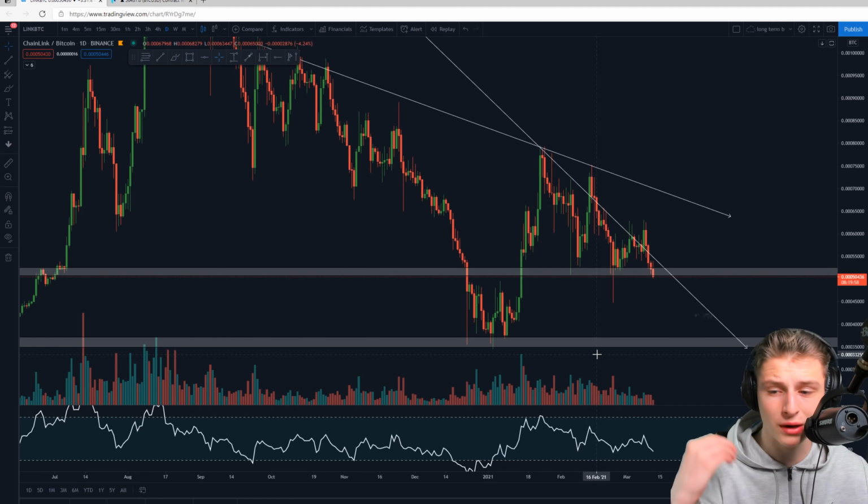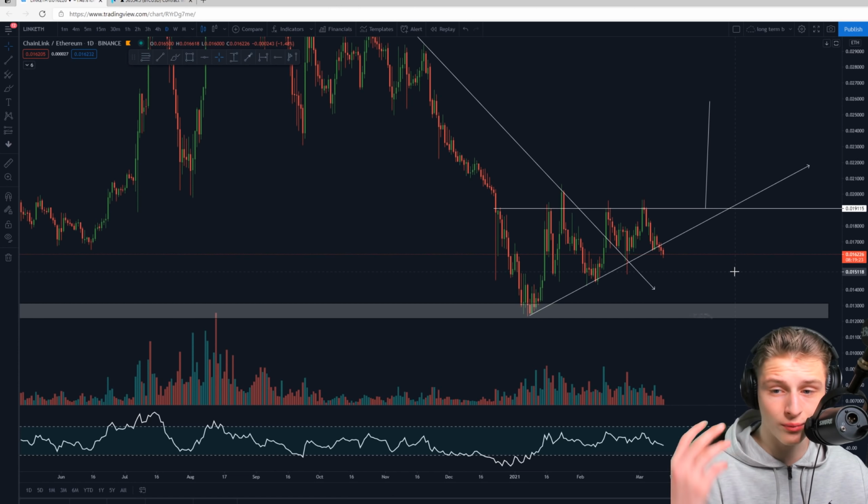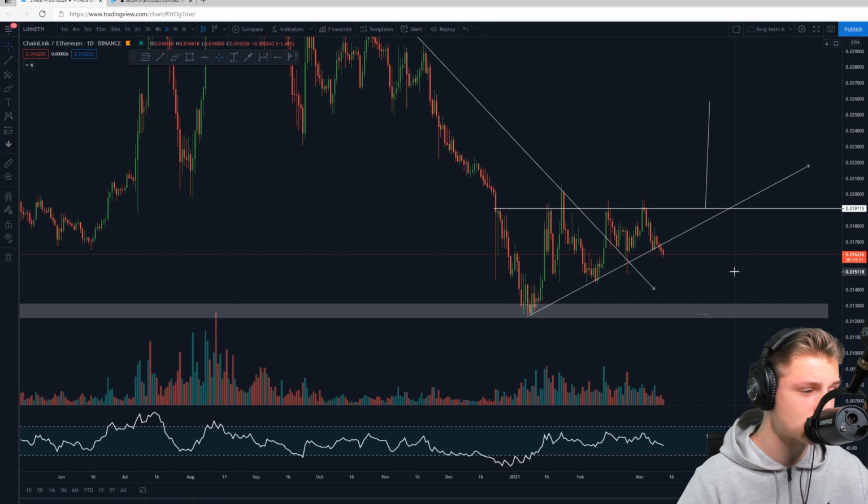And another chart that is also not looking strong here, because I want to be realistic here, and I feel very bullish on Chainlink, and I thought it was going to break out anytime soon, is that we are right now having this ascending triangle breaking to the downside on the Chainlink compared to Ethereum valuation, and this is very horrible in my opinion. Right now it is looking like we're probably going to break down here, already 2 daily closes below this level.